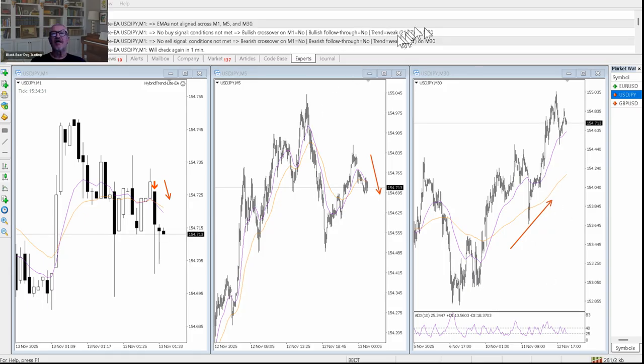We have a trend that is weak because we're right here at the edge. 25 is our minimum threshold, and we're just below or right on top of it. It's a no-go. This again will update every minute, and it will do that for every currency pair you want to use.